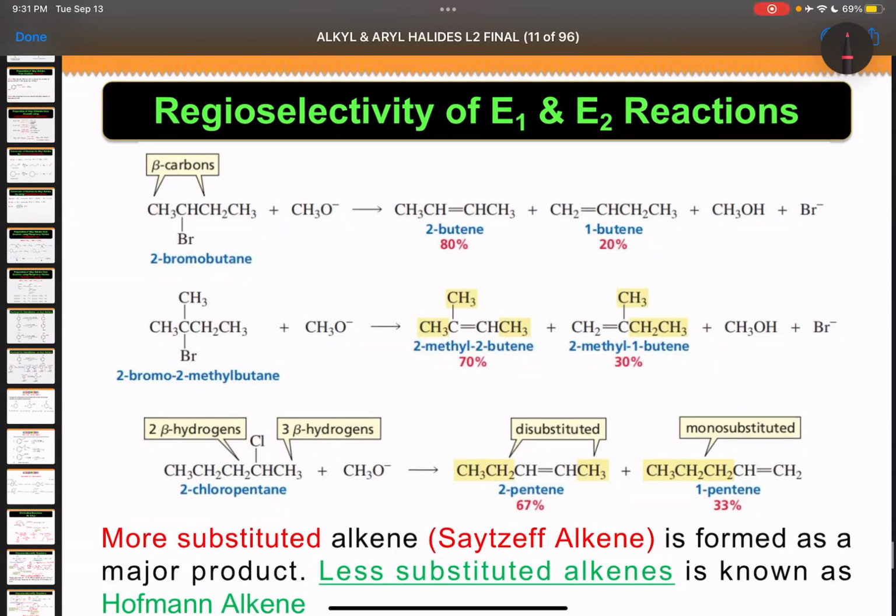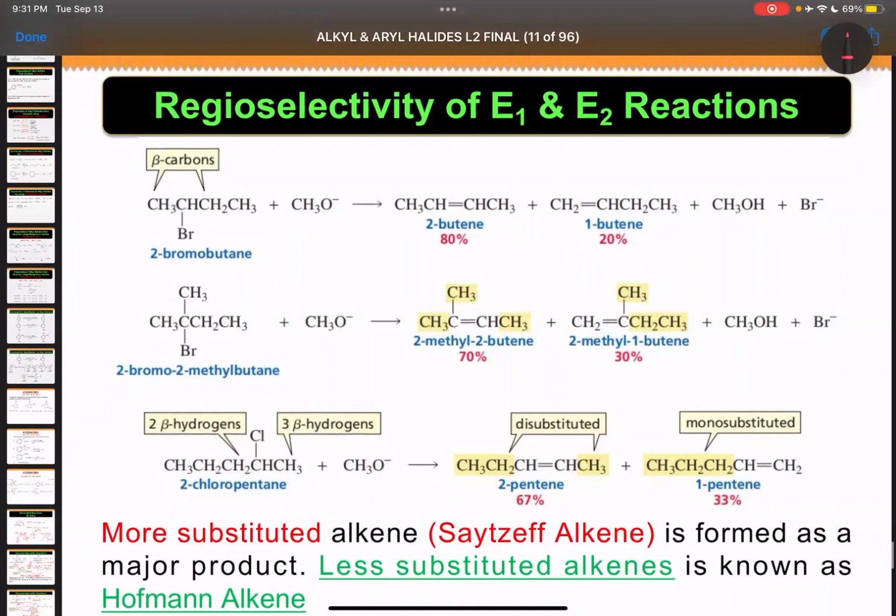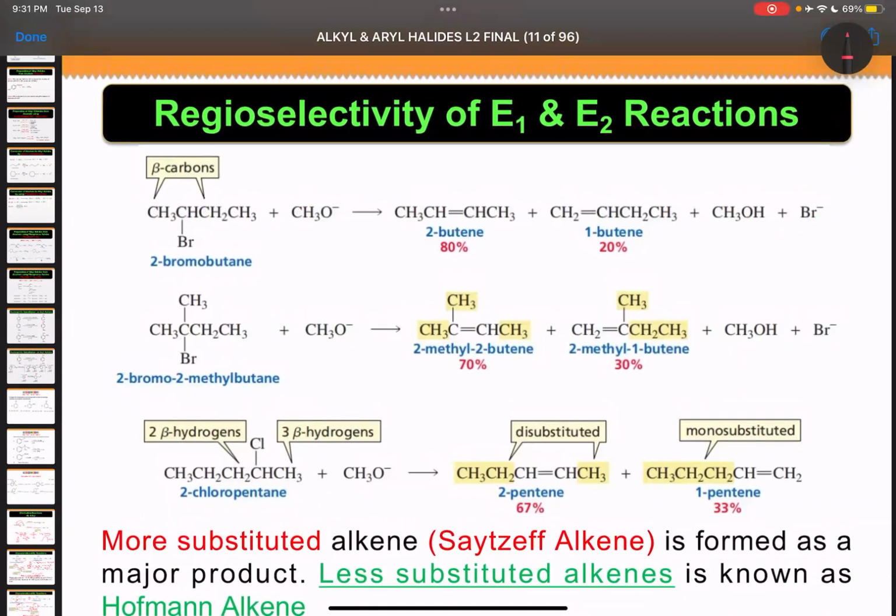That is why the major alkene which is going to form will be the more substituted, more branched alkene, right? Is this clear? But it is not always that the more branched alkene is more stable. Sometimes a less branched alkene can also become very stable if you have a phenyl group.